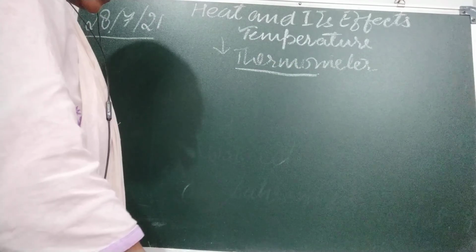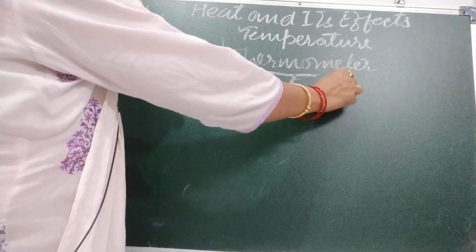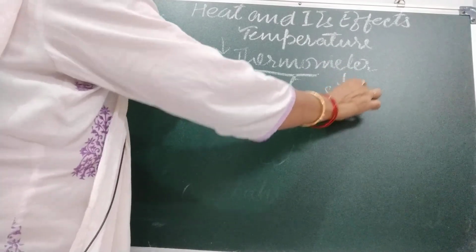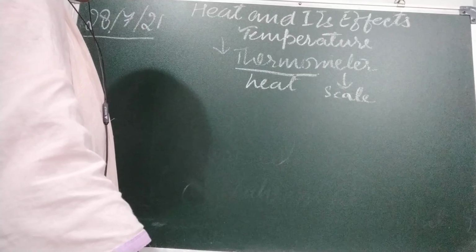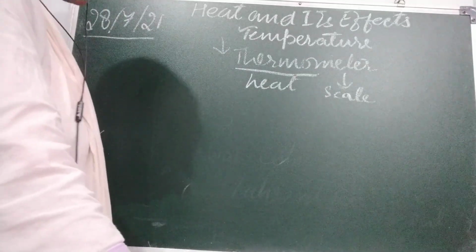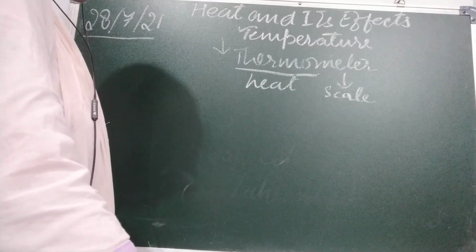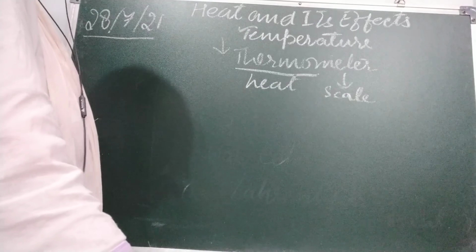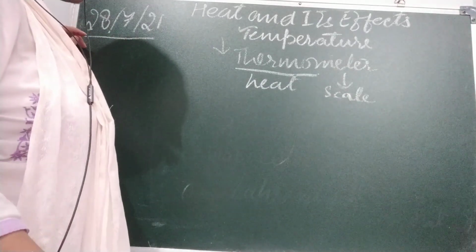Thermo means heat, in Latin. Meter is a scale by which we measure. So a thermometer works on the principle of expansion of liquid on heat. Children, you must have seen thermometers in your homes.